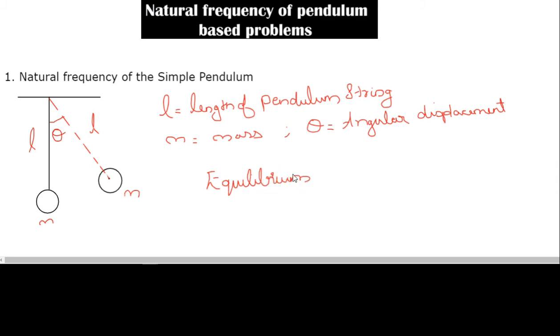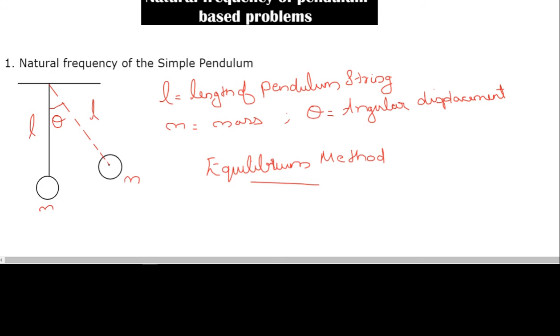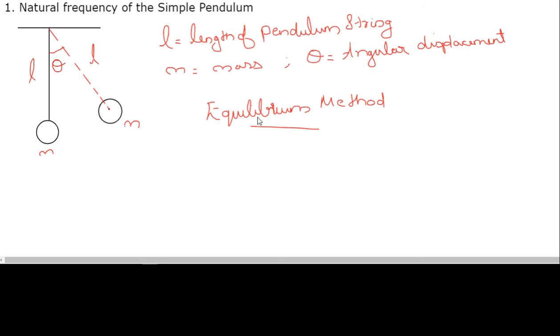The equilibrium method is nothing but the total sum of all forces and moments acting on a system should be equal to zero. Or in case of angular motion, we can write the equilibrium method as inertia torque must be equal to external torque.